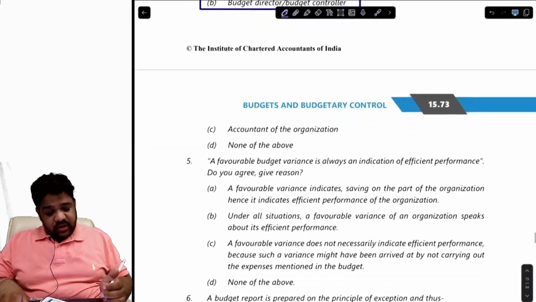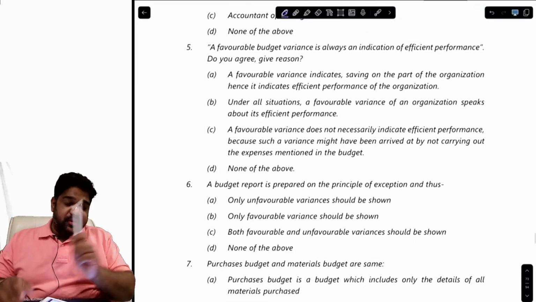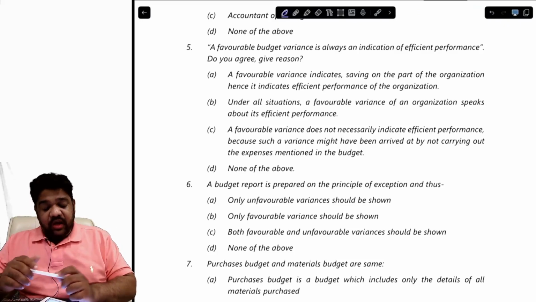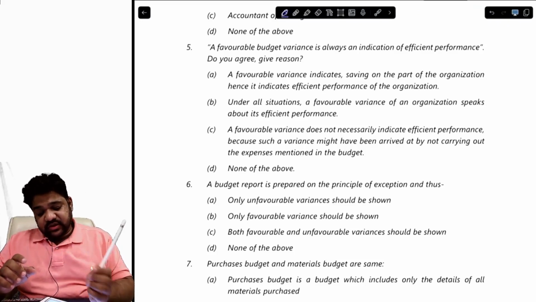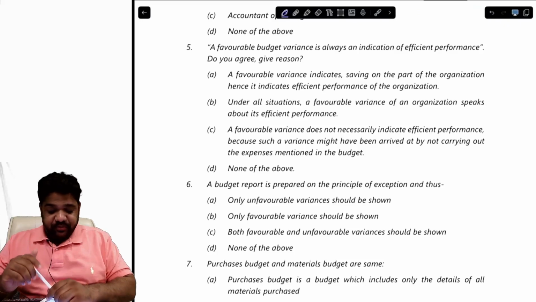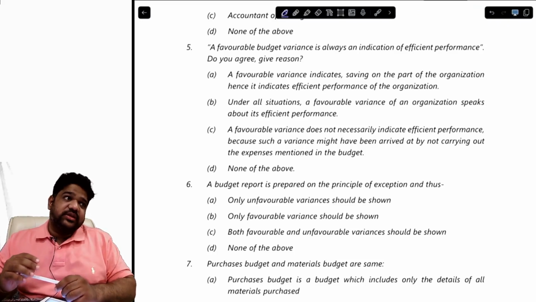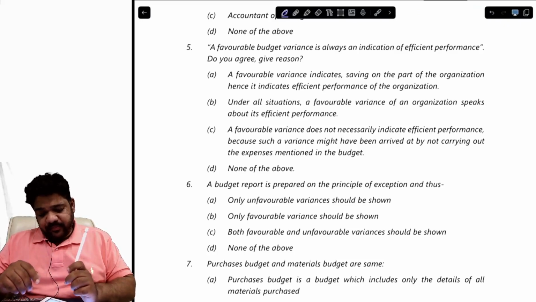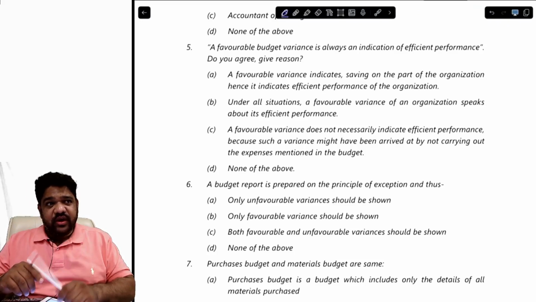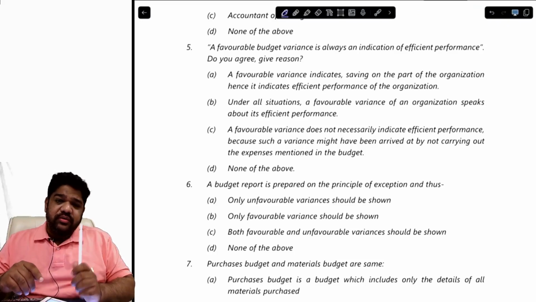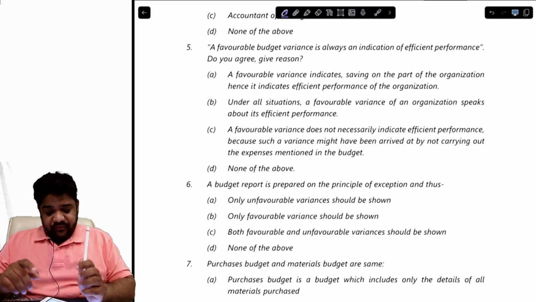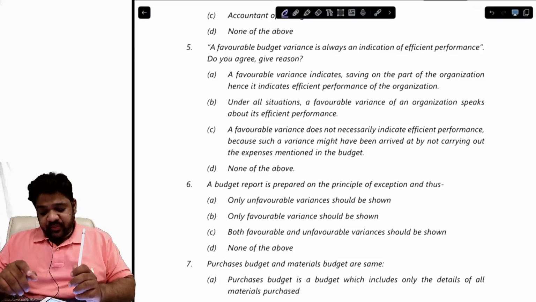Okay. Now, this one is nice. I like this one. See, understand what does it say? A favorable budget variance is always an indication of efficient performance. Do you agree? Give reason. Now, see, it is not always an indication of efficient performance. I'll tell you why. Because you would not always consider a favorable variance as good.